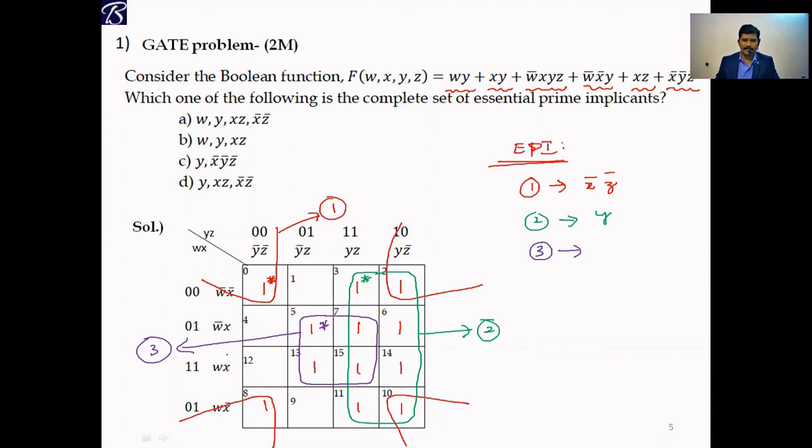Here x, and in this z, xz. Now observe, this output function is completed. So these 3 are the essential prime implicants: x bar z bar, y, xz. So option D is correct.